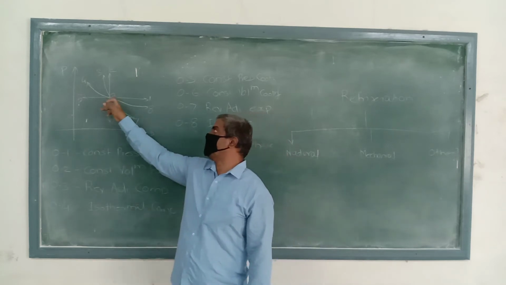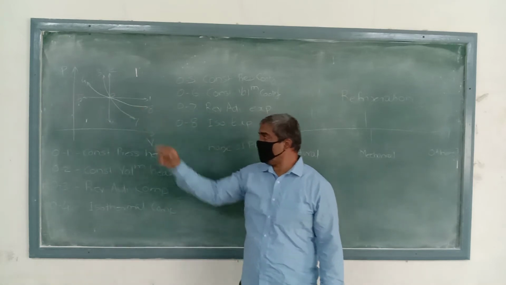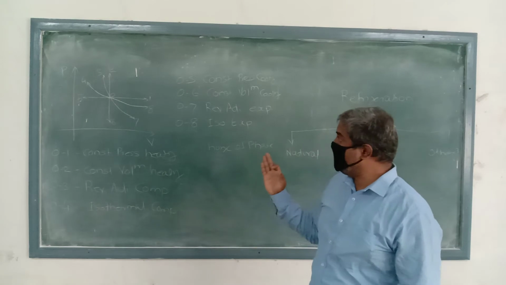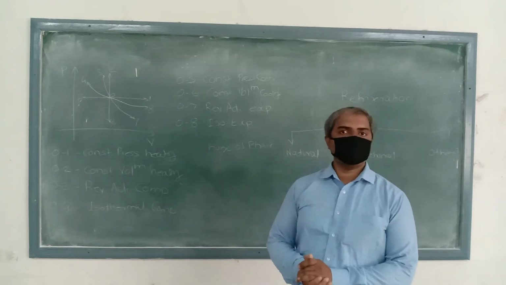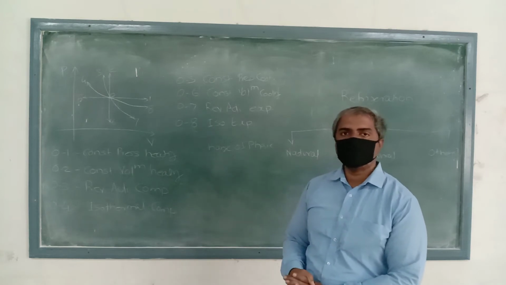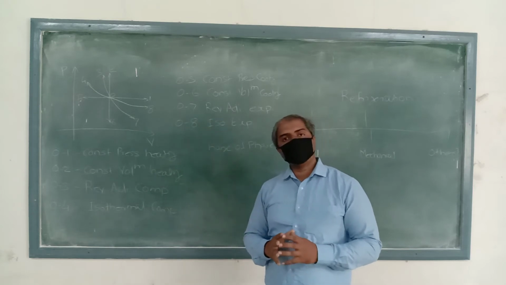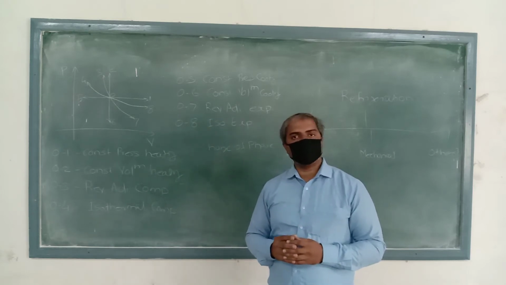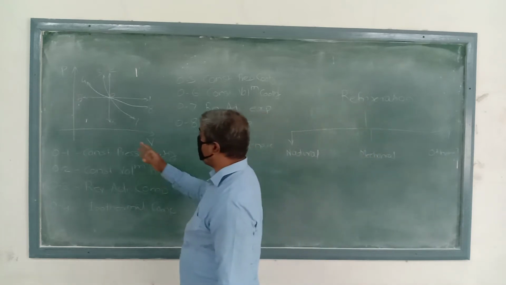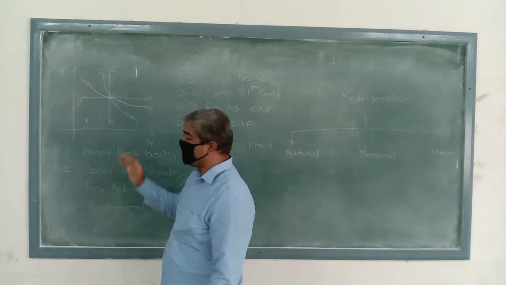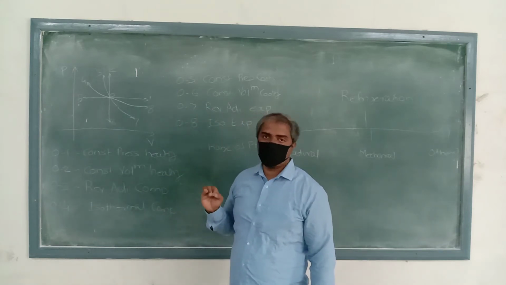Now the next process, 0 to 4. You can see clearly volume is decreasing and pressure is increasing, so this is a compression process, and during this process the temperature parameter is constant. So it is the isothermal compression process.